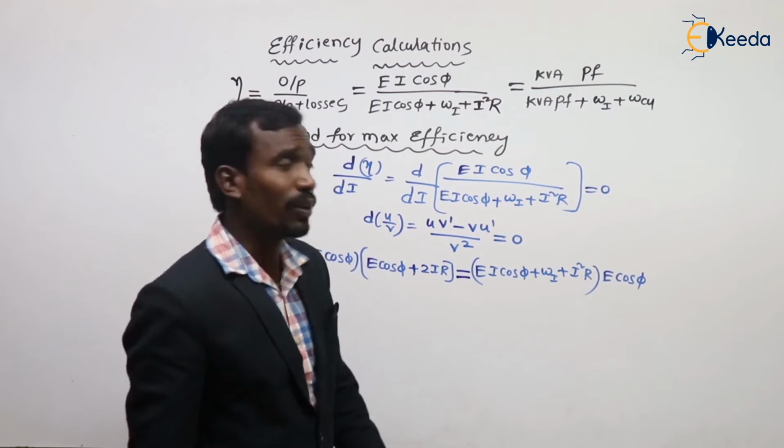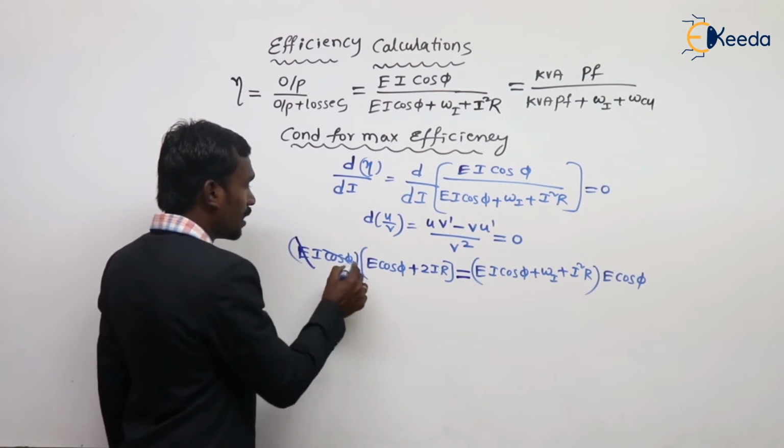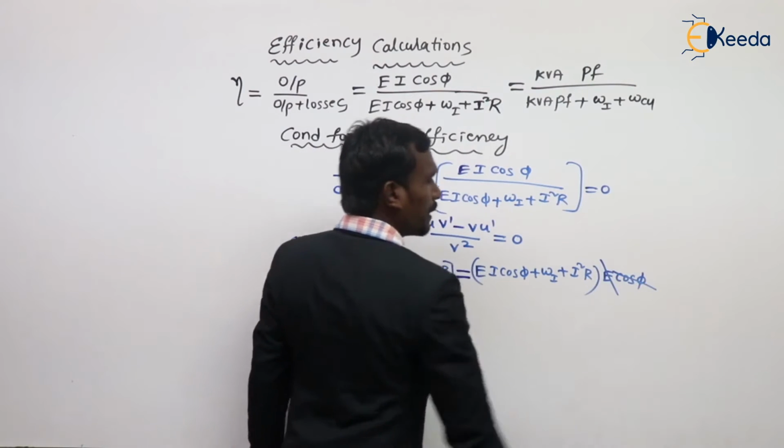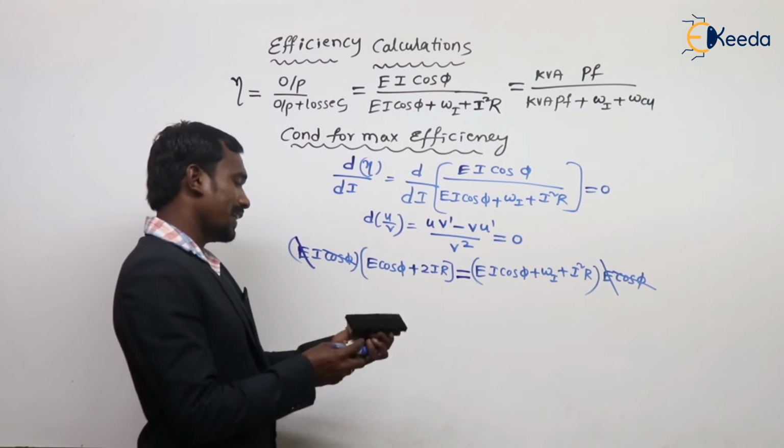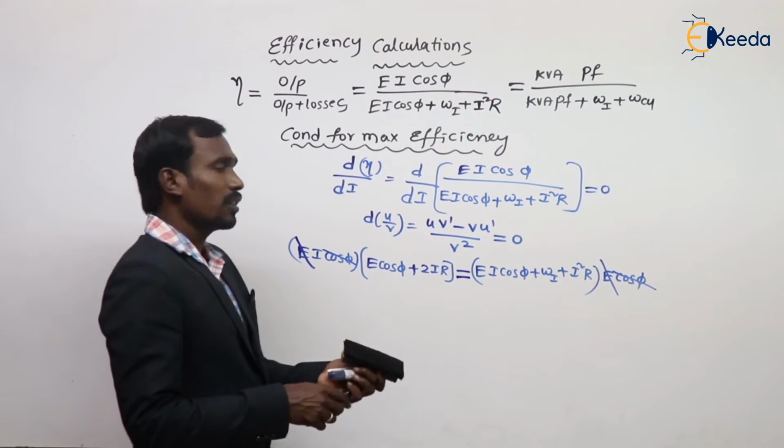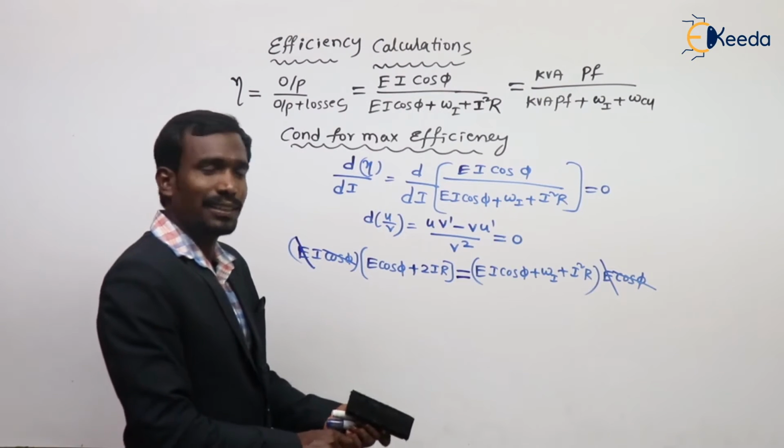Now simplify this equation. E cos phi cancels out on both sides. Now multiply on the left-hand side and right-hand side.